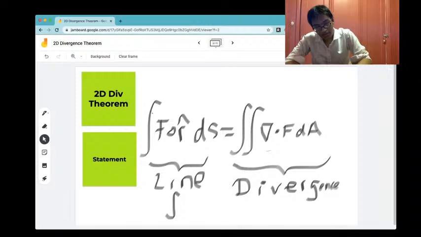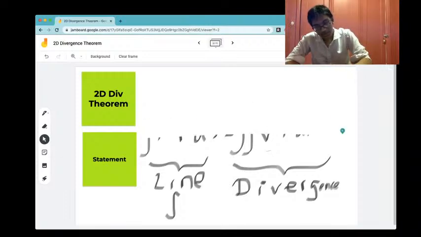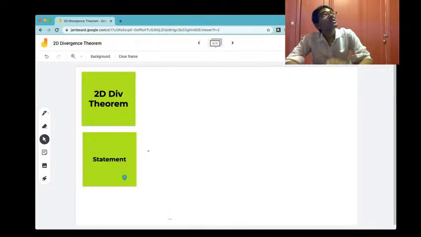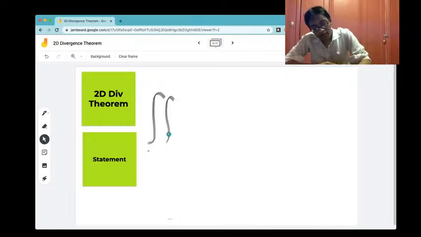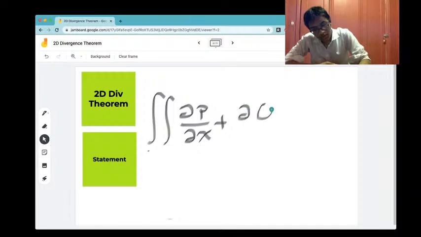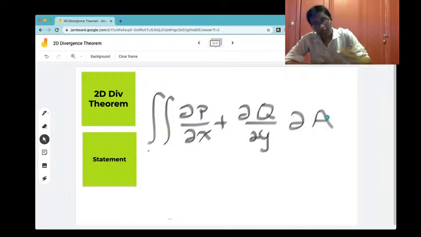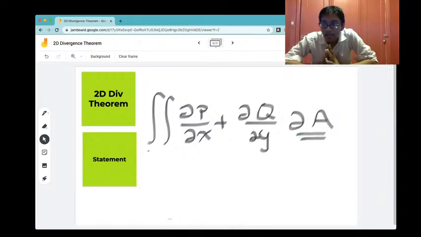It's all a matter of notation, so hopefully a small notational change doesn't mess you up. So what I'll have is the double integral of partial P partial x plus partial Q partial y over some kind of infinitesimally small area, right?